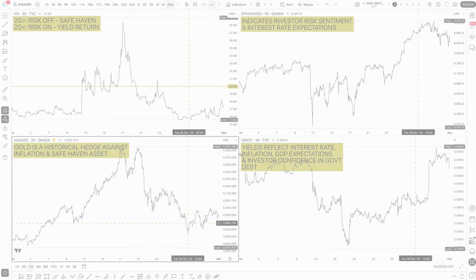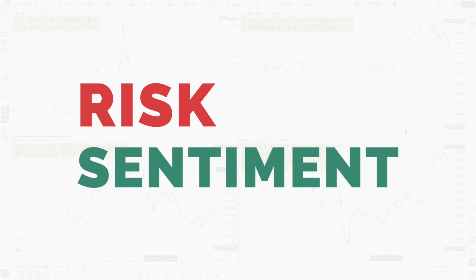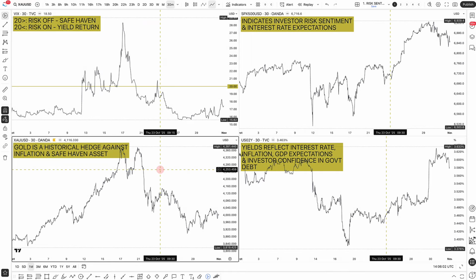Getting into the risk sentiment side of things first, before we get into interest rates and yield differentials. It's important to understand why we look at risk on and risk off, and whether the market is in either mode, because investors will put money into and take money out of assets depending on their level of risk, whether they're being defensive and trying to protect what they've got, or looking for a yield.